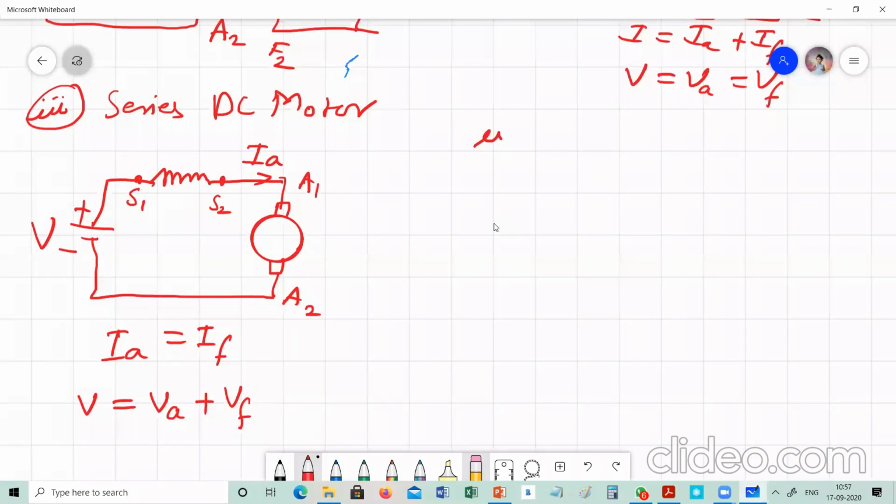Fourth type is the cumulatively compound motor. We are not going to study it in detail, but we have to study its structure only.